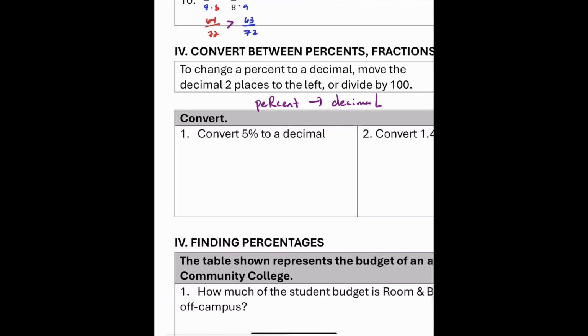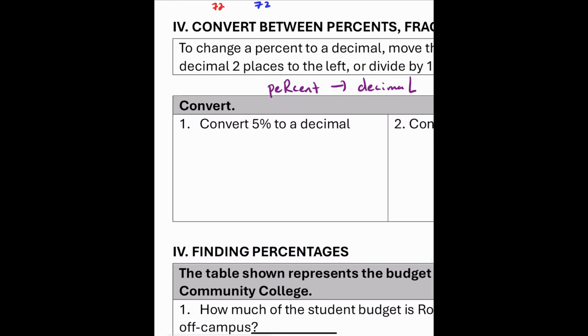So if I look at number 1, we're converting 5% to a decimal, right? So we're converting from percent to decimal, right? So start from the right, and then we move the decimal to the left. So we're going to write 5, and then a little point.